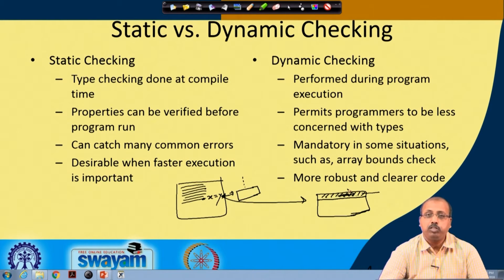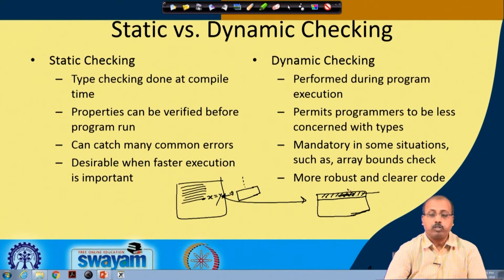Now, why should we go for this? If dynamic checking is so complex, then why are we going for it? This is important because it may be the case that if we bind statically, then a particular function, if it is called from different contexts, its variables may have different meanings.